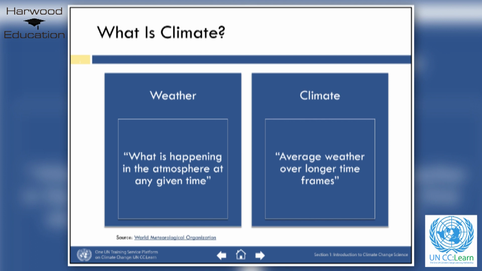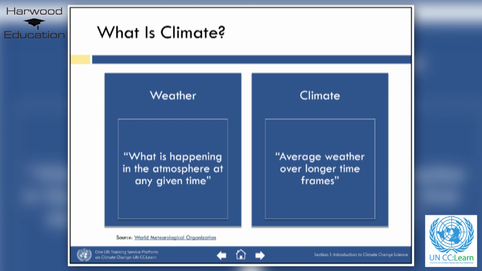Projecting changes in climate, i.e. long-term average weather, due to changes in atmospheric composition or other factors is a very different and much more manageable issue. As an analogy, while it is impossible to predict the age at which any particular man will die, we can say with high confidence that the average age of death for men in industrialized countries is about 75.